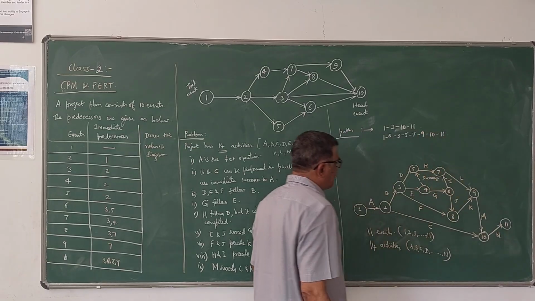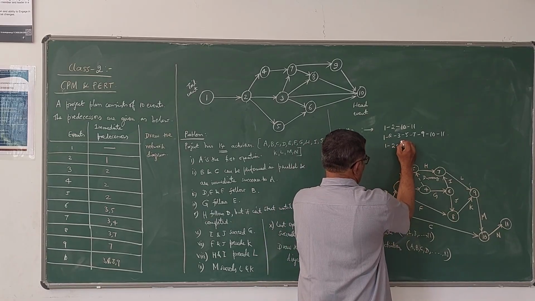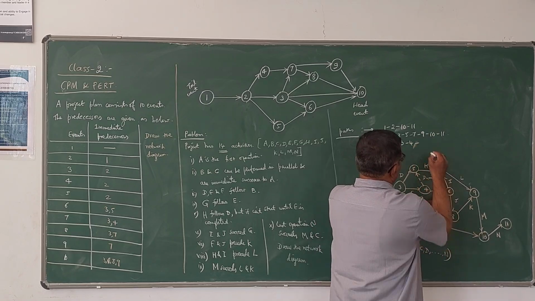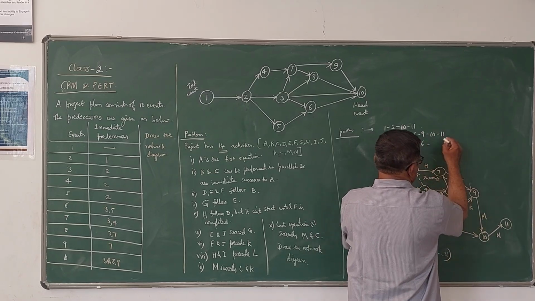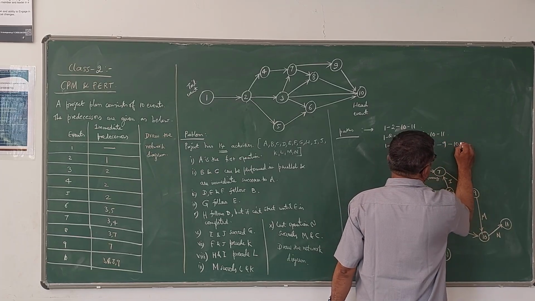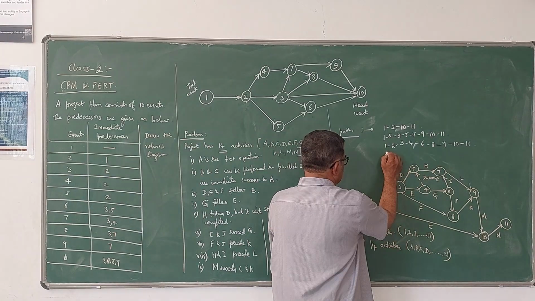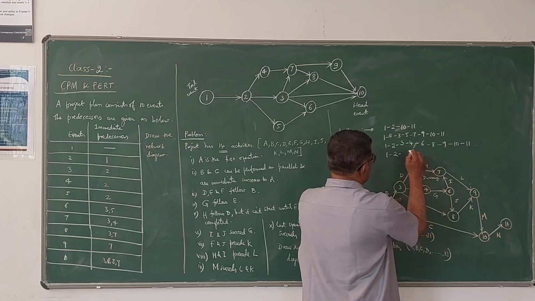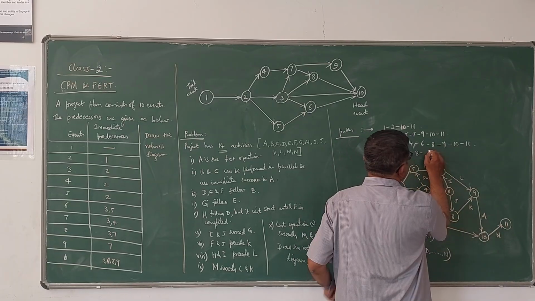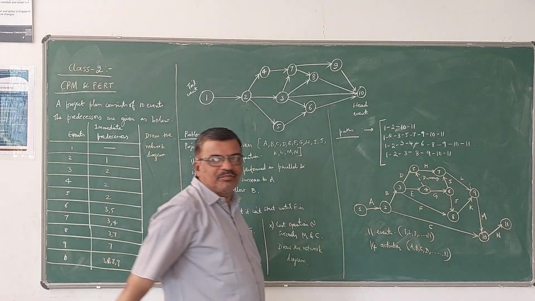Third path is 1, 2, 3, 4, then 6, then 8, then 9, then 10, then 11. Correct? See the arrows. Fourth path is 1, 2, 3, 8, 9, 10. So you can have 4 different paths here.